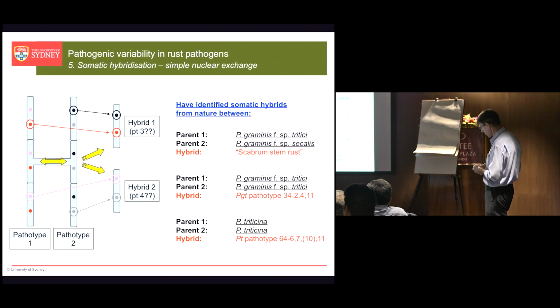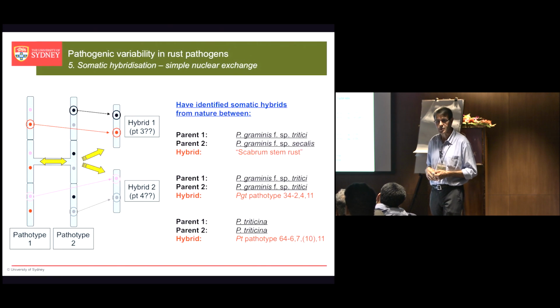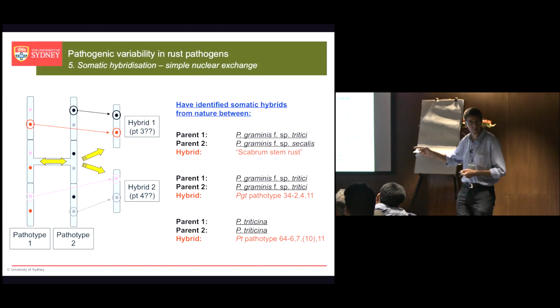And then the last one was one that I found in the 1990s where I found a pathotype, don't worry about these numbers here, of the wheat leaf rust pathogen, Puccinia triticina, that was clearly a hybrid between 2 of our pathotypes that were quite common at the time. And again, this hybrid leaf rust pathotype was quite important in rendering a number of wheat varieties susceptible.